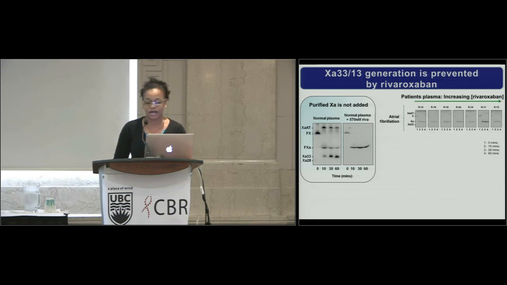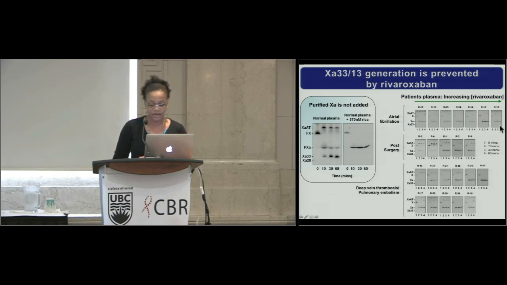And then I had the opportunity to look into patients. Here are patients that have irregular heartbeats, and they're being treated with rivaroxaban to prevent stroke. In these patients, we see that Xa-3313 generation was prevented in all cases. Looking a bit further, I also had patients that were being treated with rivaroxaban post-surgery, as well as for deep vein thrombosis and pulmonary embolism.